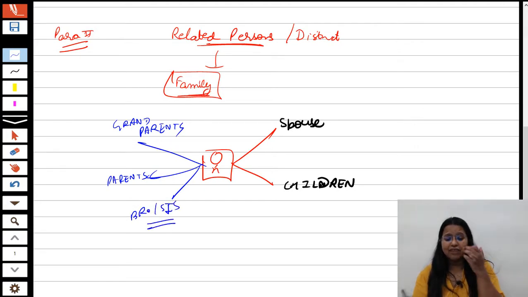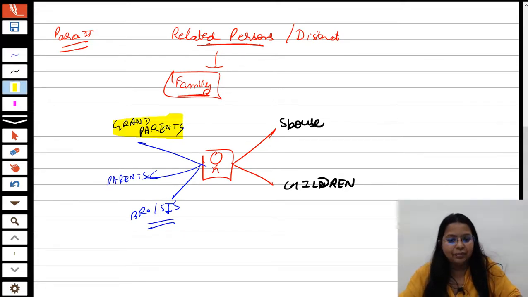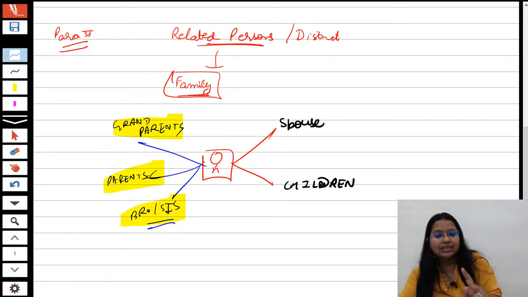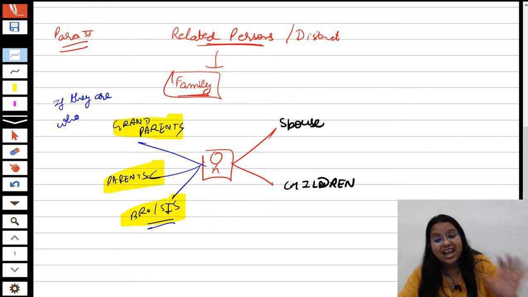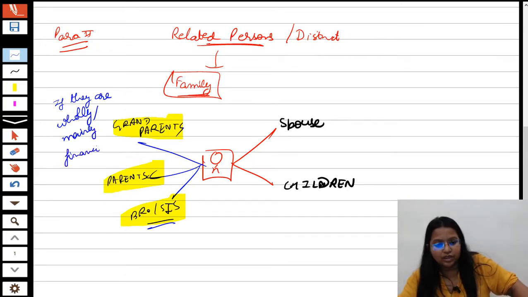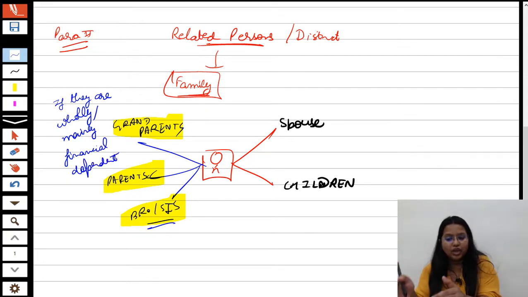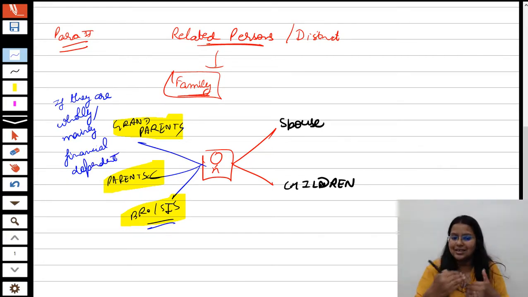Actually, grandparents, parents, brother, sister will be considered as a related person of this individual only and only if they are wholly or mainly financially dependent on the individual. If they are not dependent on that individual, they are not to be considered as family.